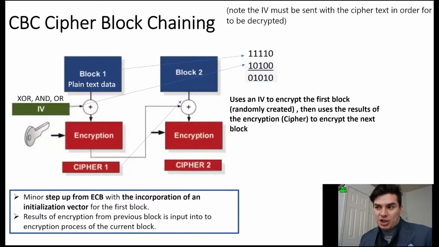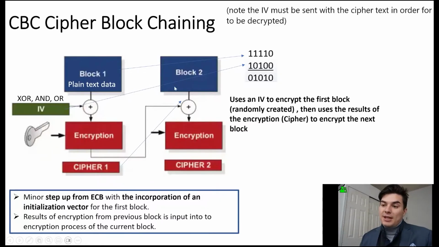With cipher block chaining, this one's a little bit different. We have the block 1 plaintext data, and that gets XORed with the initialization vector, and then it gets encrypted. Now this one here is a lot different because after it gets encrypted, cipher 1 is now used as the initialization vector for the next block of data.